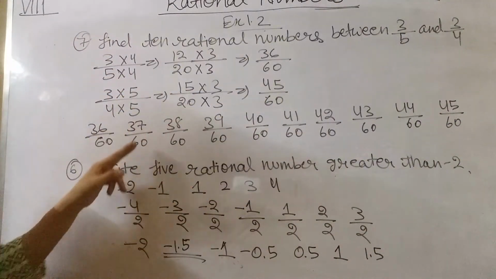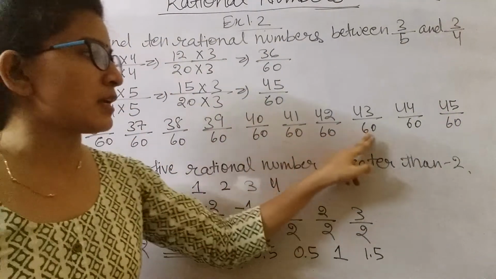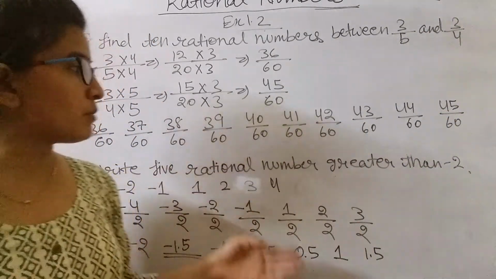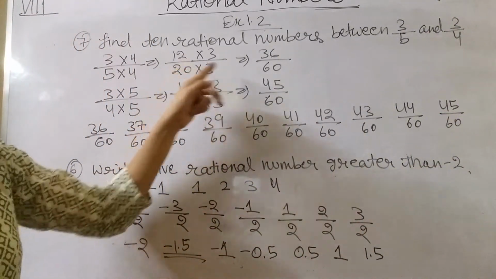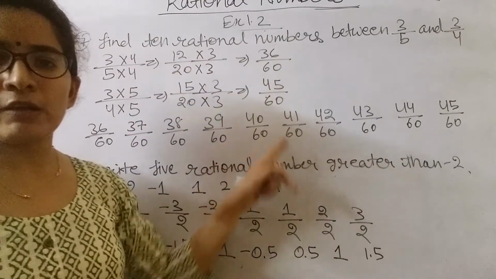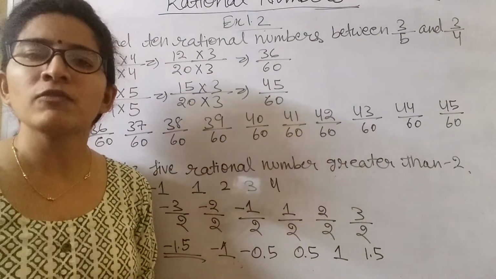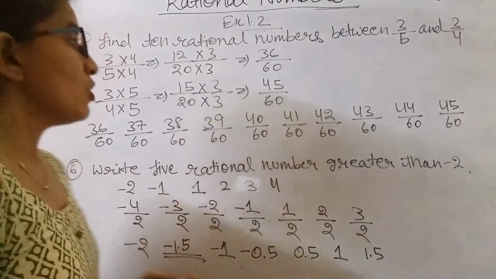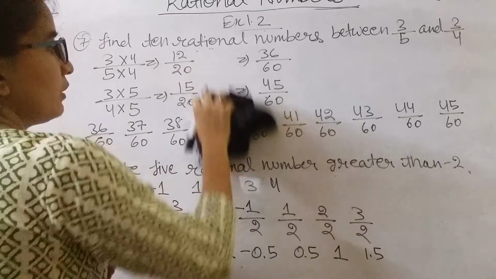So we have 1, 2, 3, 4, 5, 6, 7, 8. We are getting 8 rational numbers between 36 upon 60 and 45 upon 60. So we are not getting enough rational numbers between them. So we will increase the denominator more. So we will multiply it with 4.